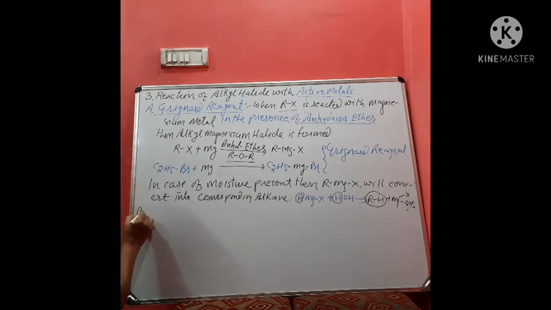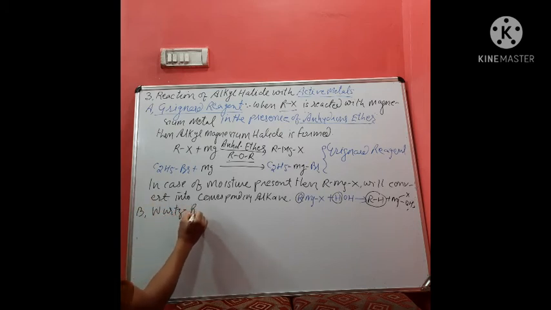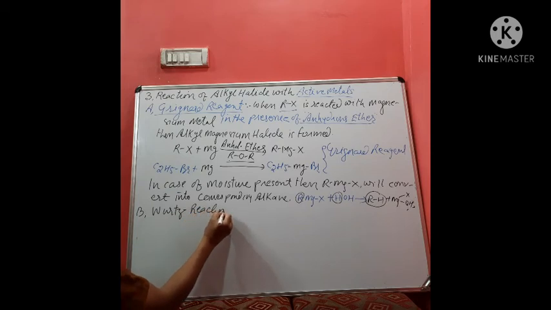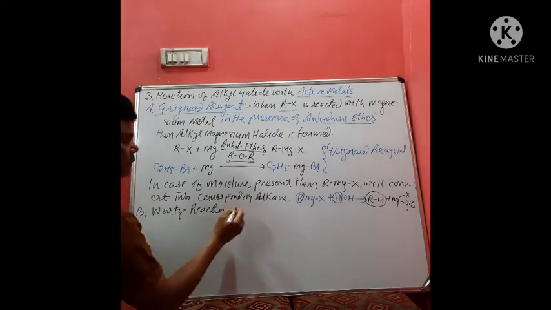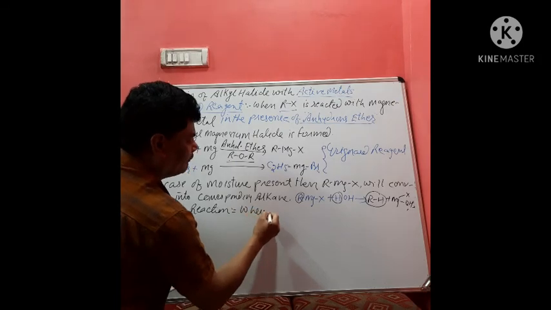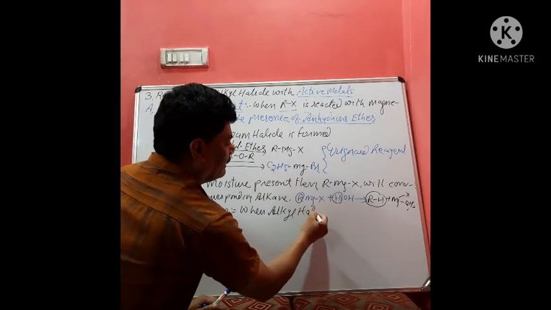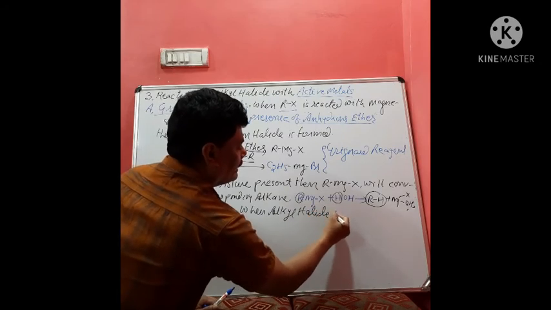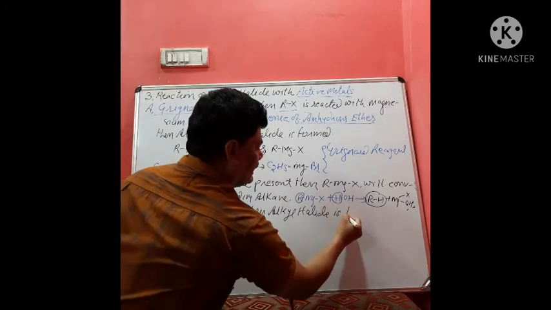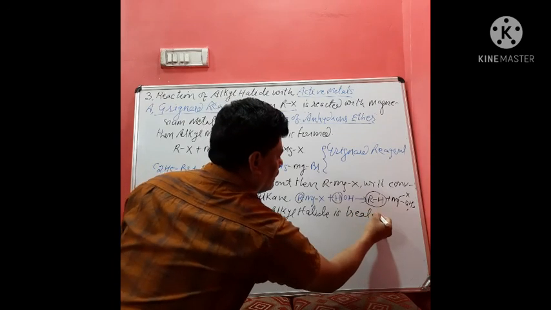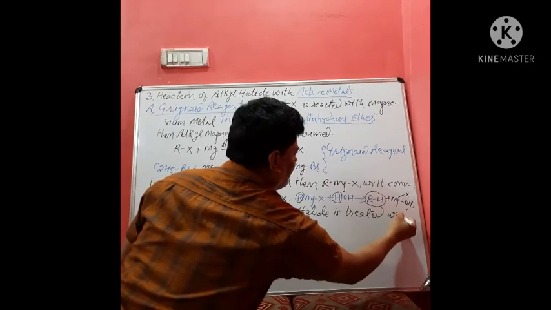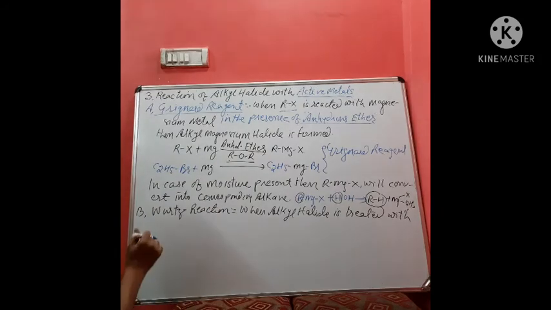Second type of reaction, you know, in the 11th class, just a few days before, we have read and discussed Wurtz reaction. What is this? When alkyl halide is treated with, especially, which metal?